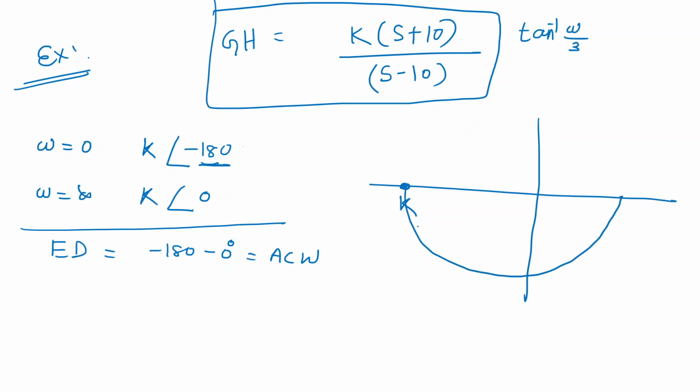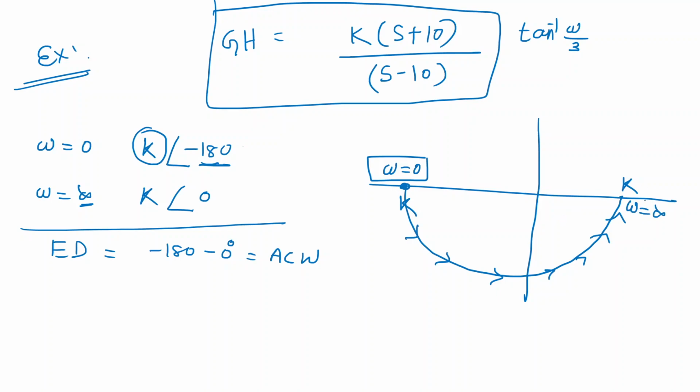How to put K here? At omega equal to 0, your magnitude is K, a finite number, not infinity. And at omega equal to infinity, your magnitude is also K. This value is K also. This is anti-clockwise, and this point is your omega equal to infinity.